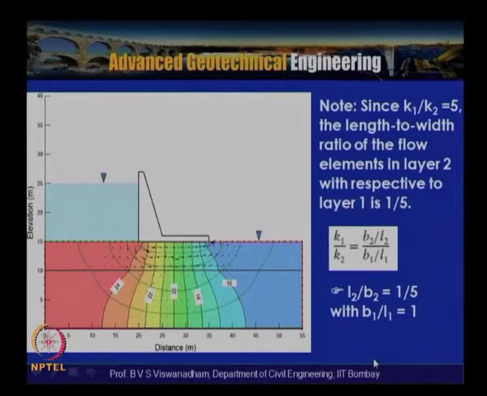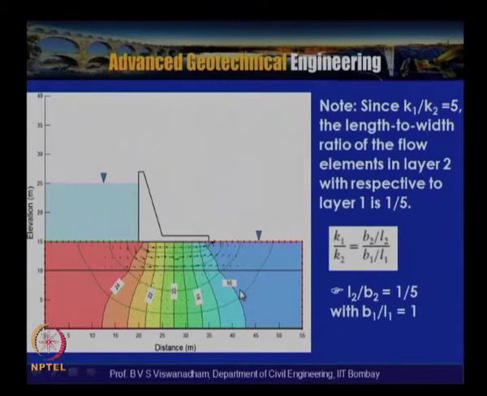When you have a permeable layer on top and an impermeable layer at the bottom, the flow net or equipotential lines have large rectangles. That means here B2 by L2 is equal to 5. So if the breadth is 1 unit, the length will be 5 units because the permeability is 5 times.